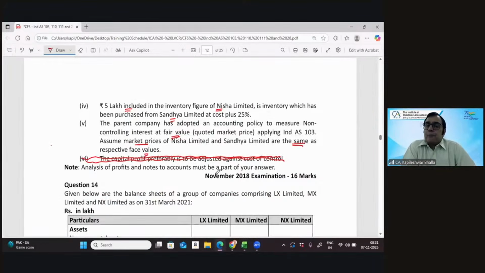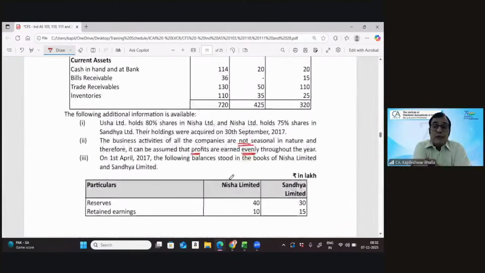In point number 5, the parent company adopted an accounting policy to measure the NCI. It says market prices of Nisha and Sandhya are the same as the face value. So we can say the equity share capital in the balance sheet, which represents the face value, represents the market quotation itself. So would you like to tell me what is the NCI on the date of acquisition?